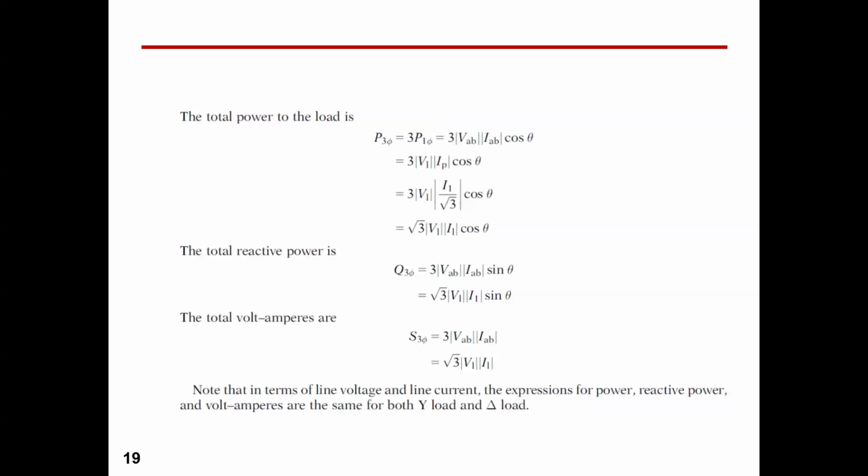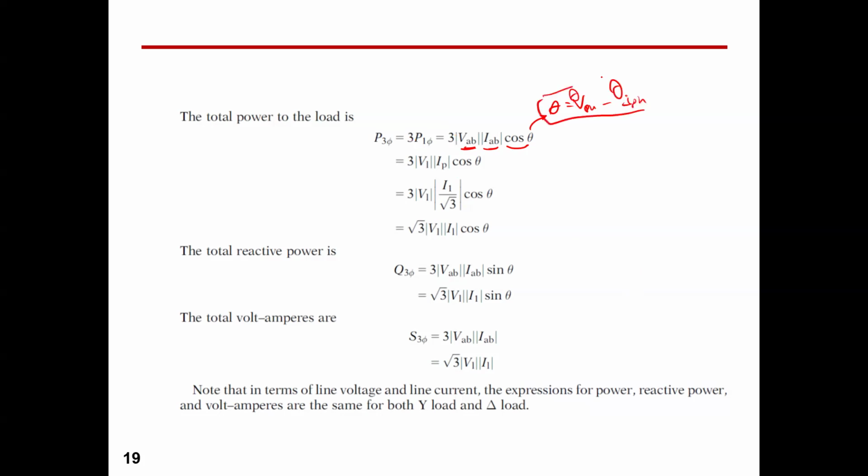So we can say now, guys, for the delta connection, still the power equals 3 times the single phase power. So it's 3 times one phase volt, which is VAB, times IAB, for instance, cosine theta. And again, cosine theta, still theta equals theta V phase minus theta I phase.